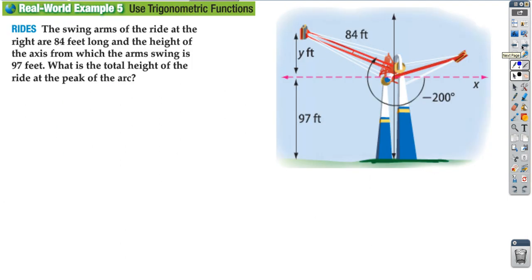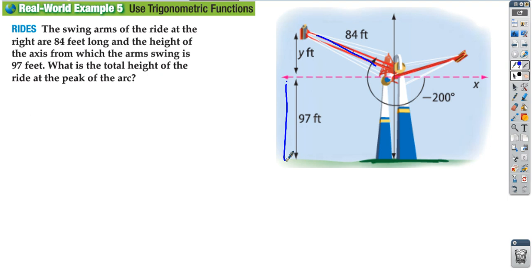That's the exact value. Our last example looks like some sort of roller coaster ride. It says the swing arms of the ride are 84 feet long, and you can see that labeled right here, and the height of the axis is 97 feet, so that's this part right here. What's the total height of the ride at the peak of the arc?